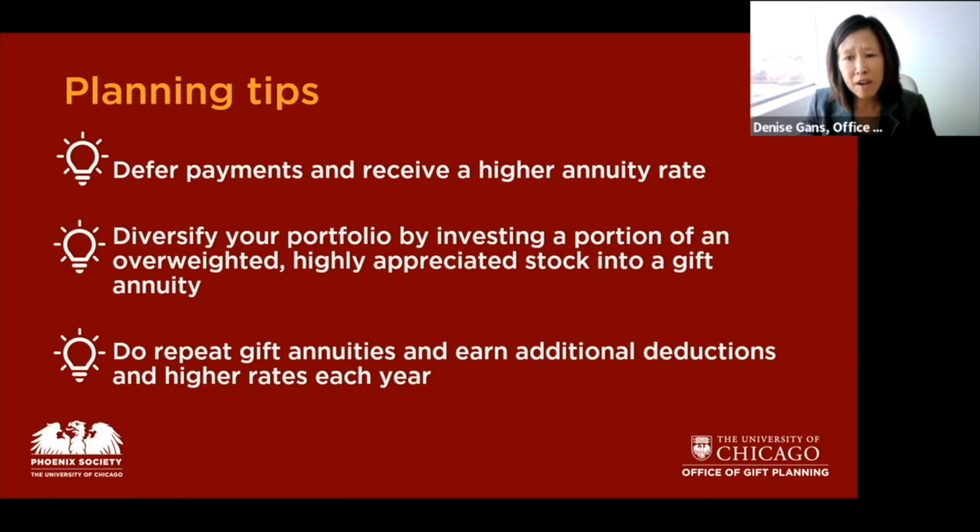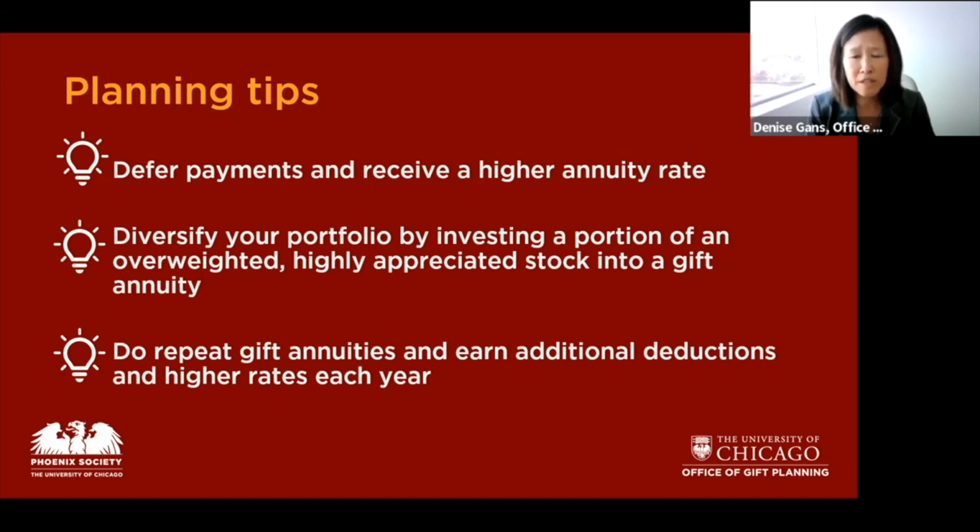So in the example that I gave previously, a 72-year-old who's entitled to a 6.2% rate if starting the payments immediately, if that donor is willing to wait 3 years until they reach age 75 to start receiving those payments, will be entitled to a 7.4% rate. So instead of receiving $6,200 starting today, they wait till they reach age 75. When they turn 75, they would begin receiving payments of $7,400 a year.